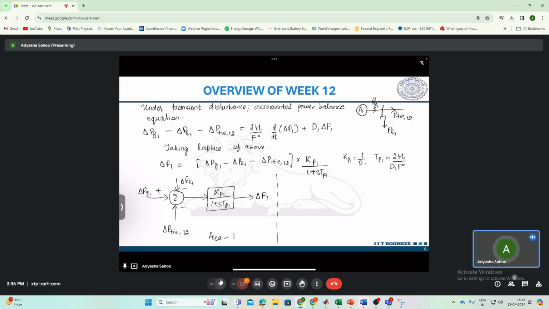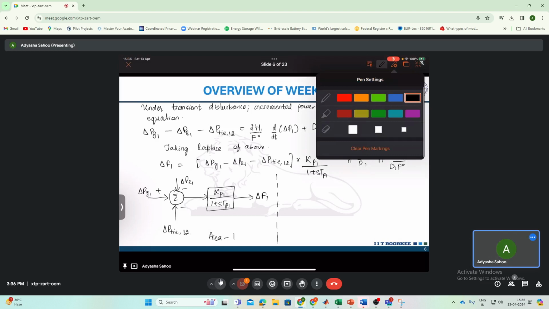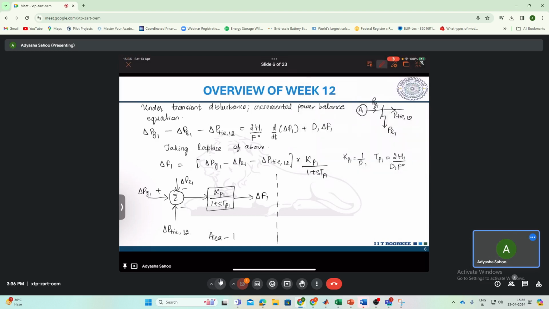Similarly we can do it for area 2, right? So summation Pg2 minus PL2 minus delta P21 will come here, or you can write it as A12 delta P12, or let me just write it in terms of P12 only.